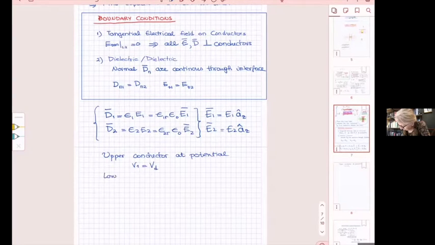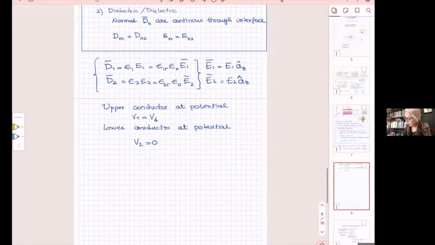Lower conductor at potential V2 equals 0, because it's ground. All right, so also this we know.